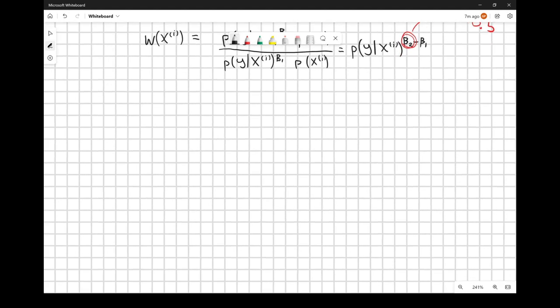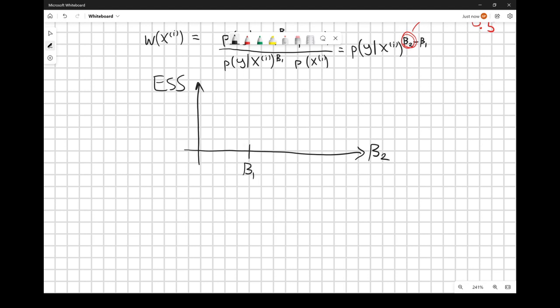So again, we're going to draw a graph of effective sample size against beta 2. And this time beta 2, well, we know it has to be greater than beta 1. So I'm going to put a limit on it here. Let's say that beta 1 is here.